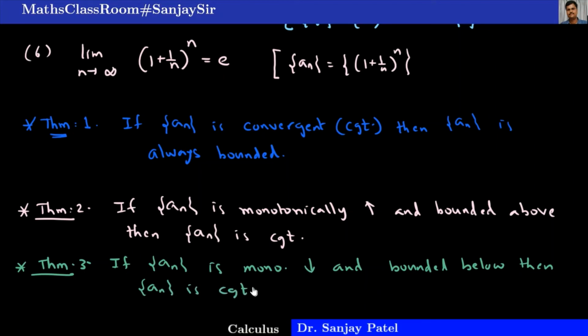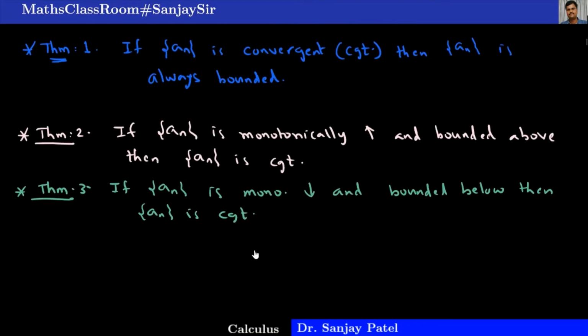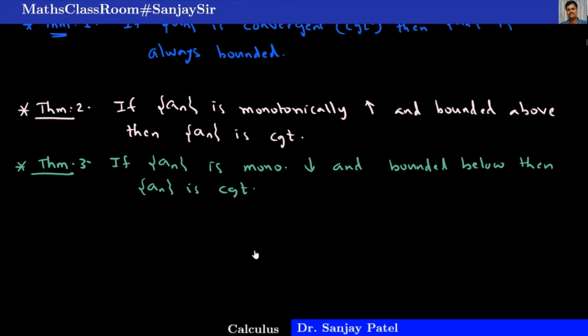So every monotonically decreasing sequence which is bounded below by some number always has a limit. And these two we can combine: if a sequence is bounded, above and below, and monotonic, either increasing or decreasing, it is always convergent. So another very, very important result.